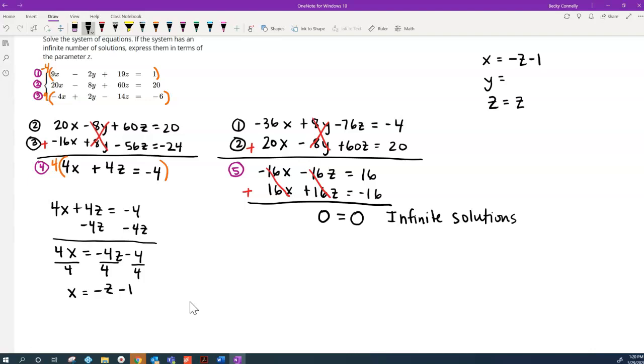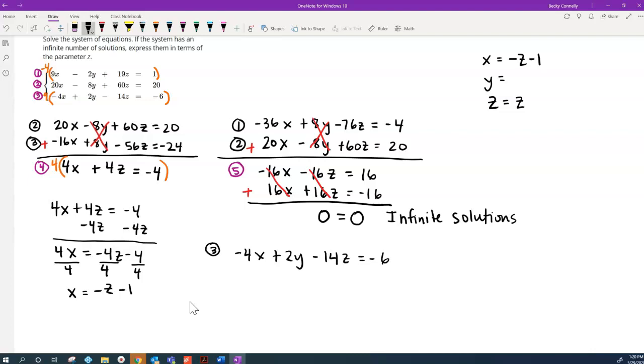Now for y, there's a few ways that you could go about finding that, but one way that I think is a pretty easy way to go is go back up to one of the original equations where we have a y in it to solve for. So we don't have any y's down here. We eliminated them all. So let's go back up to equation 3. All right, so I'll write this here. So equation 3 says negative 4x plus 2y minus 14z equals negative 6.